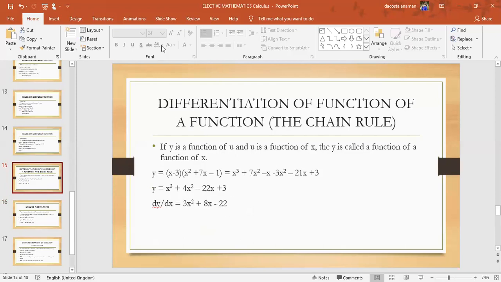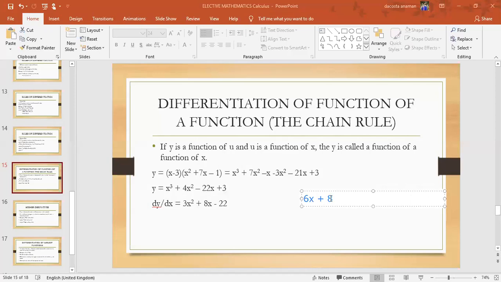If you are supposed to differentiate it again, that's the d²y over dx squared, you'll be getting what? 6x plus 8.